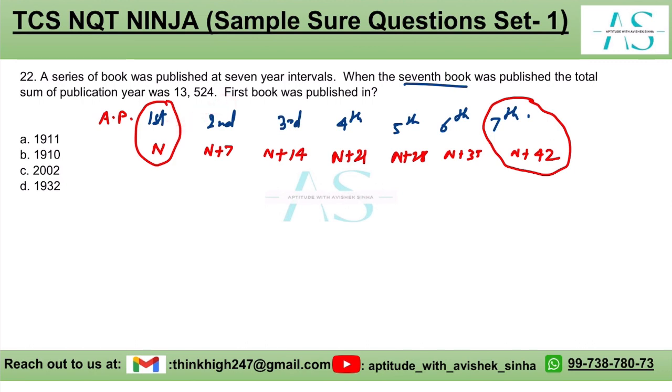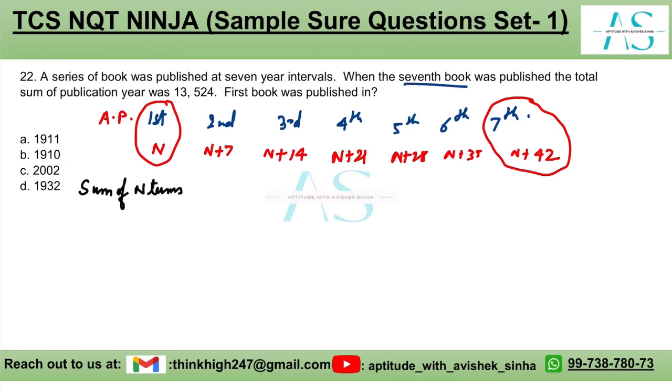Now, it says if you add all of this, you get the value 13,524. Since these terms are in AP, we can use the summation formula, the sum of n terms in an AP.